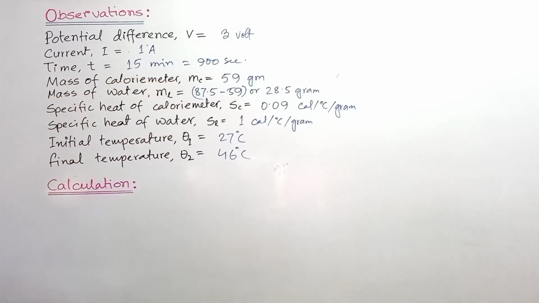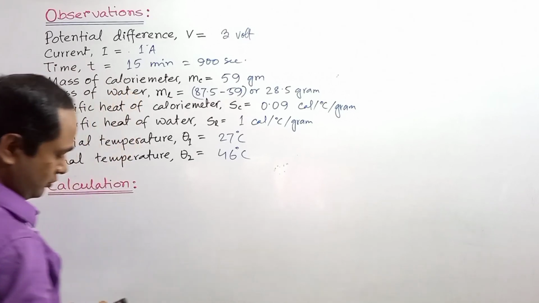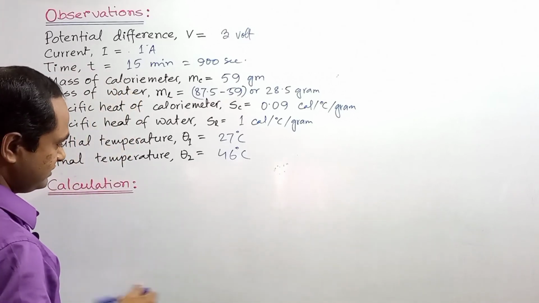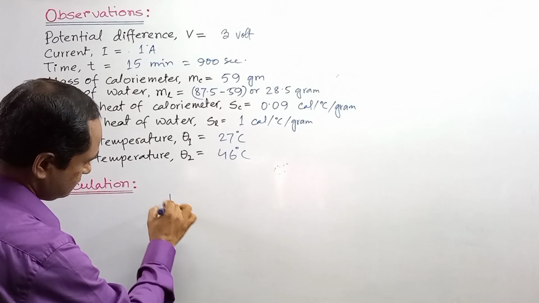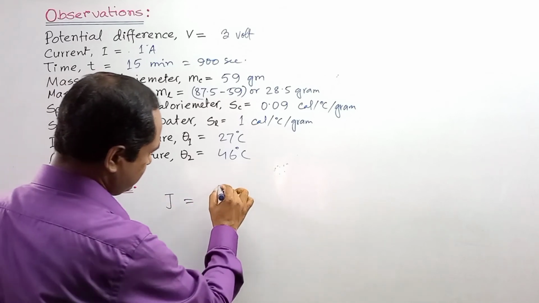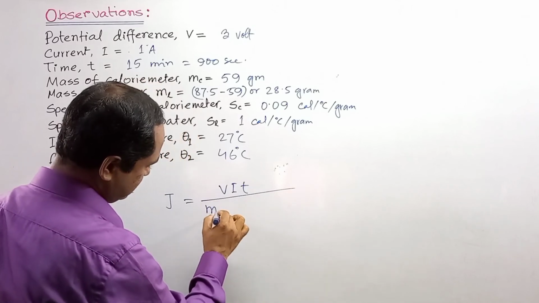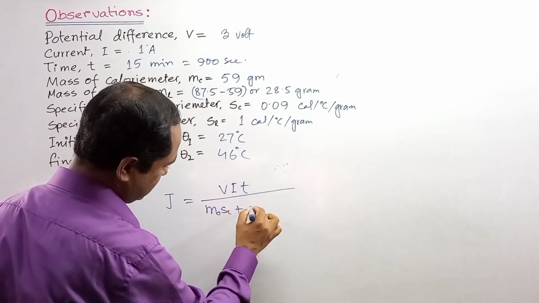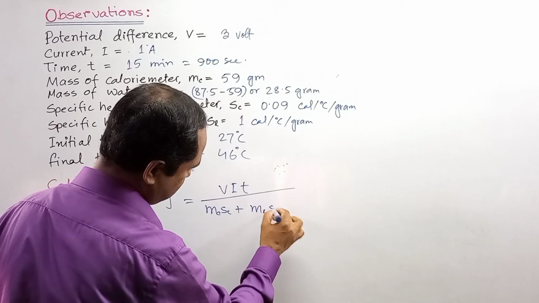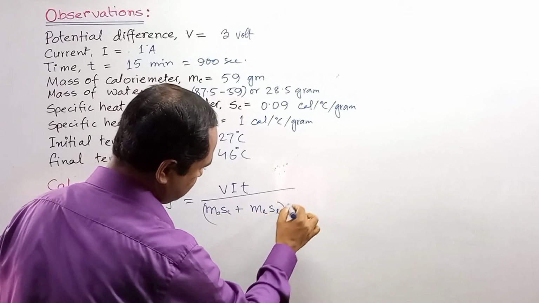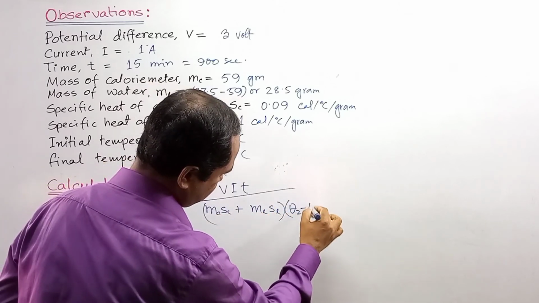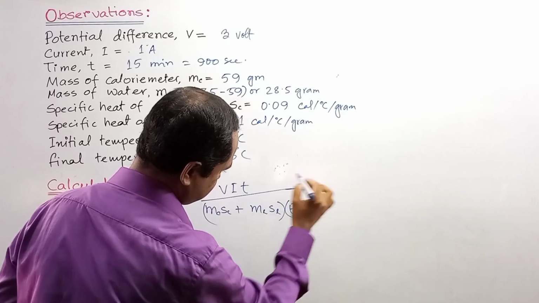Now we are going to perform the final calculation. The mechanical equivalent of heat J is equal to VIT divided by (MC SC plus ML SL) into (theta 2 minus theta 1), right?